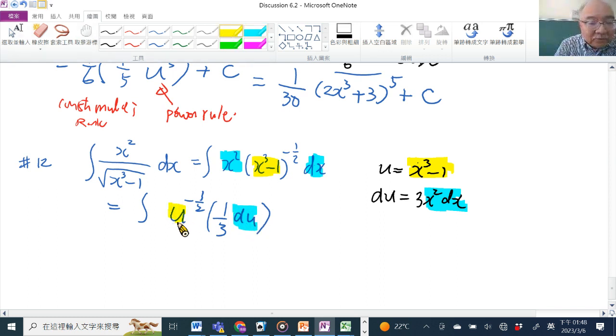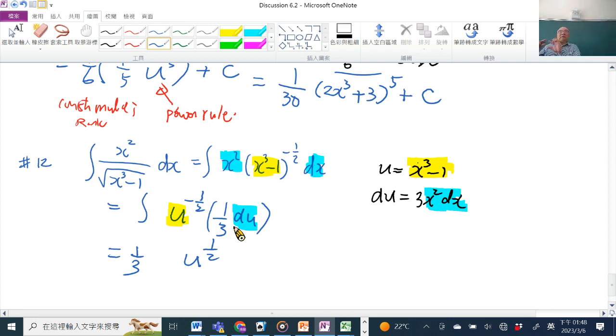This is the yellow part. And again, two rules apply: 1/3, the constant multiplication, and u to the power of negative 1/2, where negative 1/2 plus 1 gives you 1/2 as the final power.